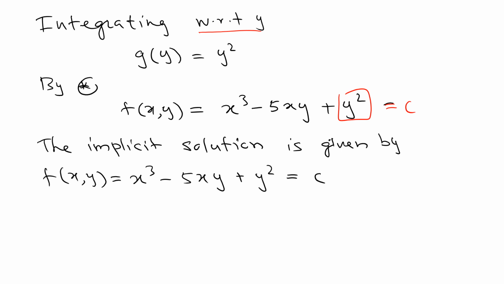That's the important part, and you can see this is an equation here. Or if you want to remove that, you can simply write x cubed minus 5xy plus y squared equals a constant. You can just write it like that. But remember that you have to set it equal to a constant.